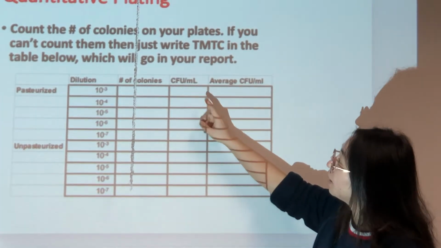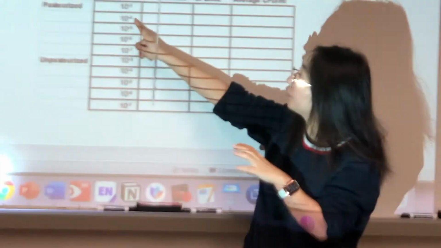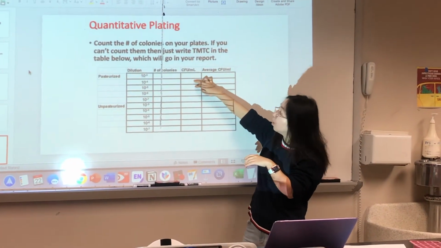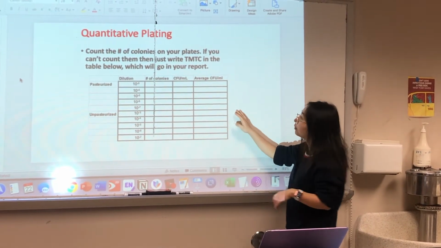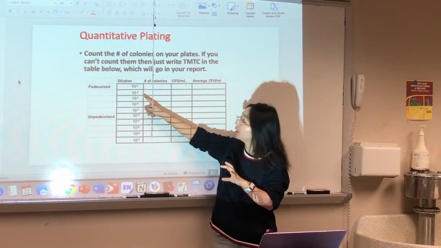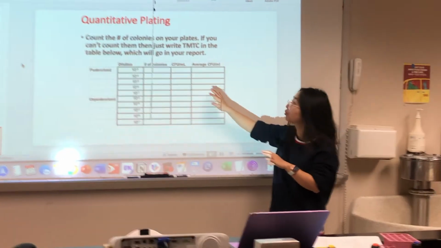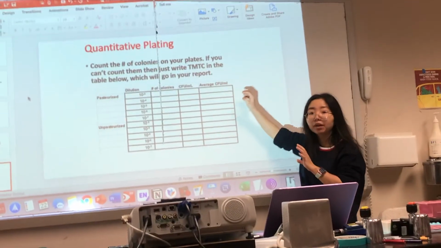If we have the best colonies between 30 to 300, for example from these two plates, we are going to add these two concentrations together and divide by 2. If we added up 3 numbers, we are going to divide by 3. This is a way to get average CFU per ml.